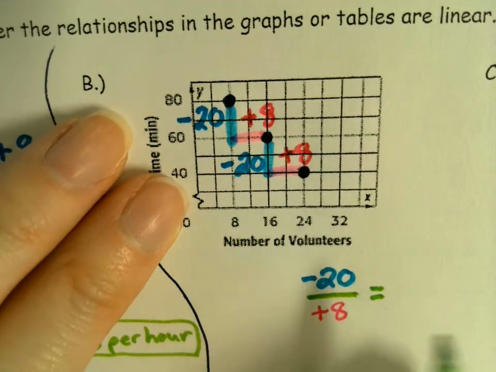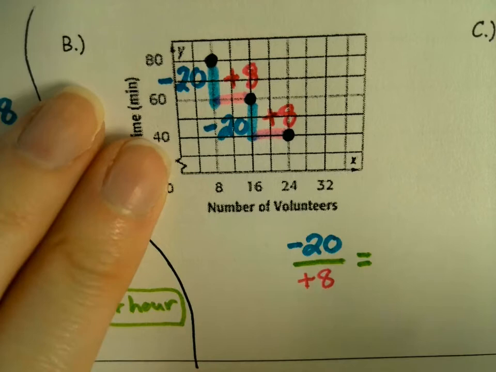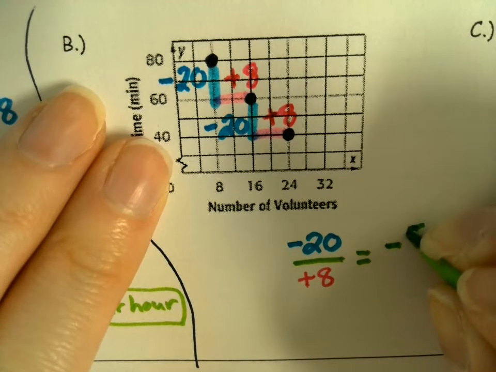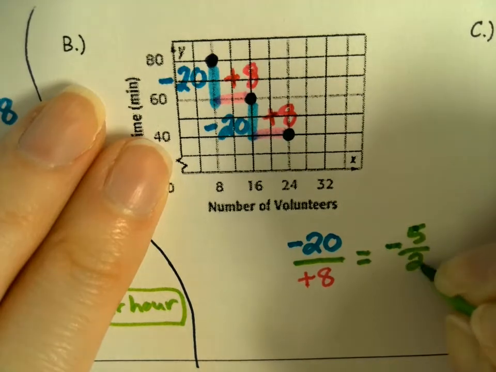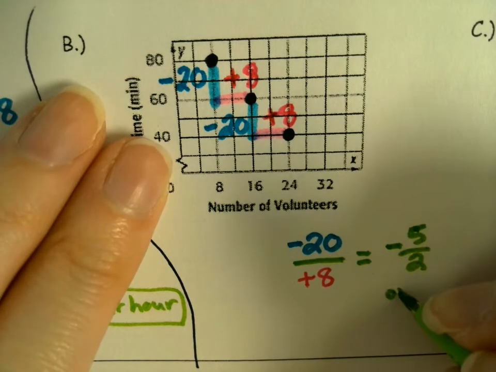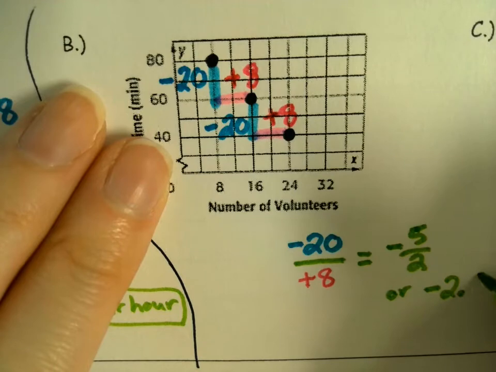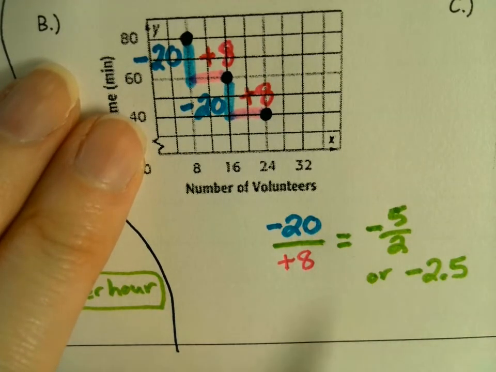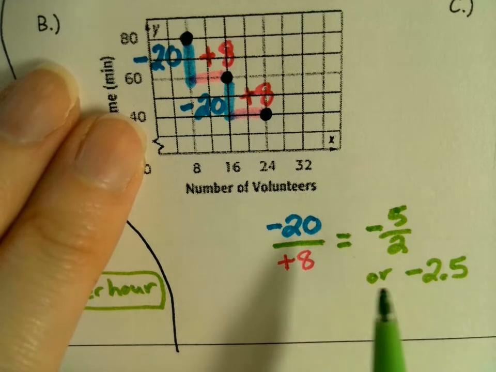They both happen to be divisible by 4. That's going to give me a negative 5 over 2. Negative 5 over 2. Or you could say negative 2.5. From now on, you are no longer going to change your fractions into mixed numbers. Your fractions are going to stay either improper, or sometimes they might even convert them to decimals.